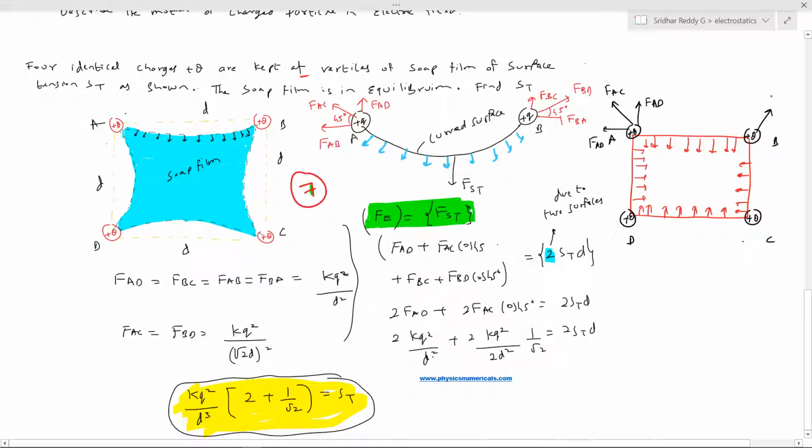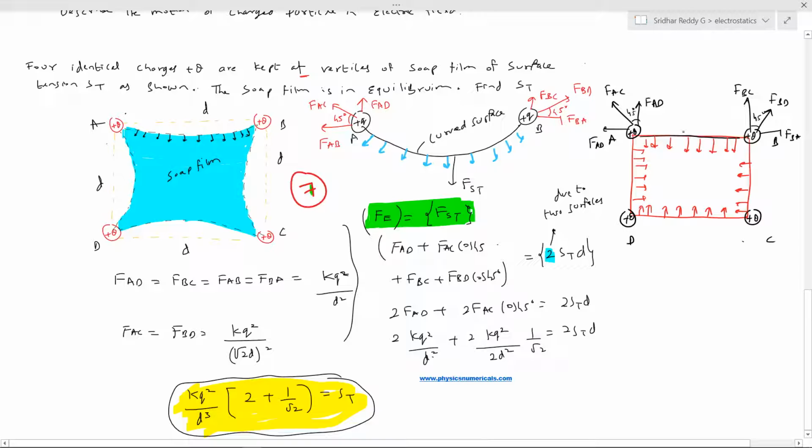Similarly on this one, FBD, FBA, FBC. How will this film be in equilibrium? Over balancing, so this angle should be 45. This should be 45.